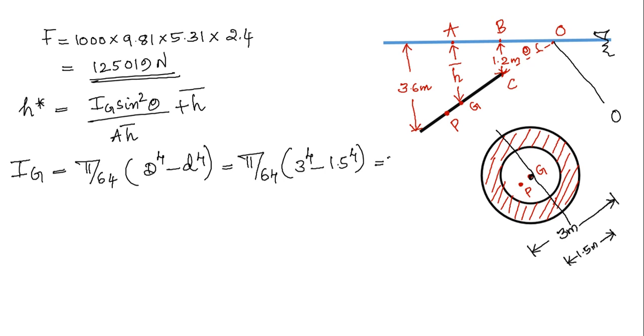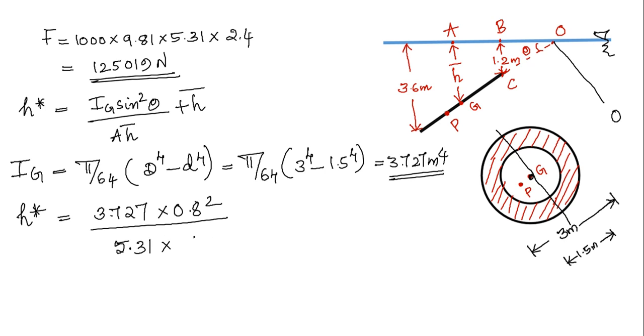And we'll get it as 3.727 meter raised to 4. And we can substitute in our equation, and finally we'll get h star as 2.587 meters.